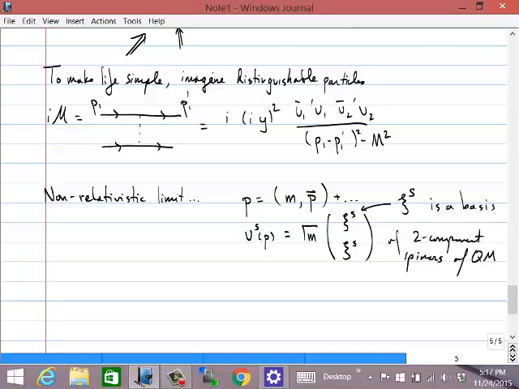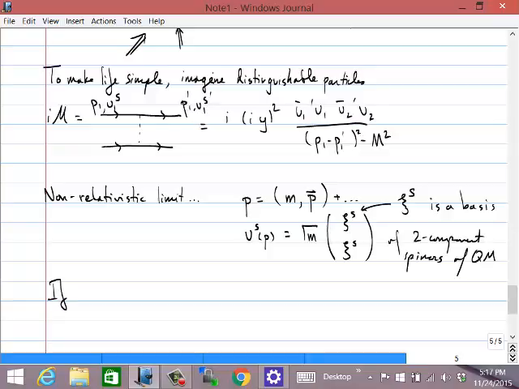So what does that mean? That means, for example, let's call the initial spin u1s and the final u1s prime.